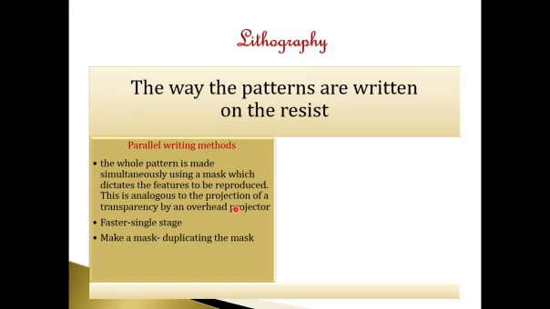If you project your slide onto the wall or onto the screen, what are we doing? We are projecting the slide as such. So that is called parallel writing. If you are making the entire pattern onto the surface, then it is called parallel writing method. And it is faster, only a single stage is involved. What you do is, we'll first make a mask and then duplicate the mask onto the resist surface.